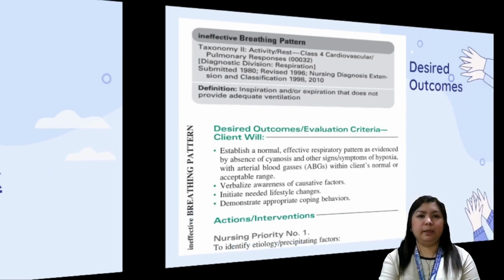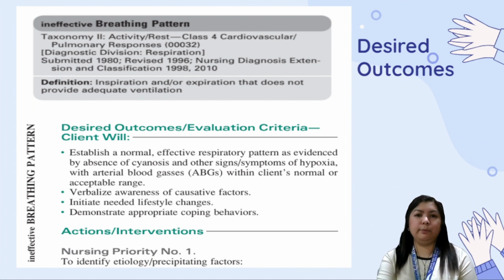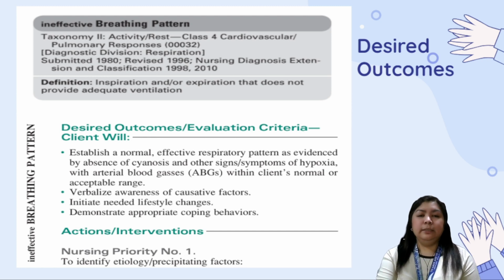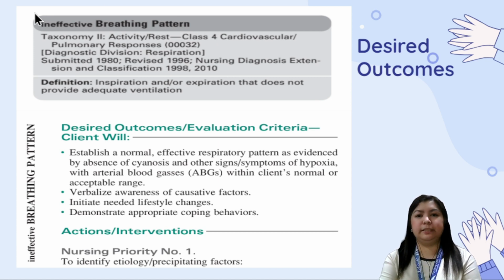Now, on your nurse's pocket guide, to guide you in writing your desired goals or desired outcomes, the North American Nursing Diagnosis Association had already identified all possible desired outcomes for every diagnostic label. Take an example for the diagnostic label breathing pattern, and the nursing diagnosis ineffective breathing pattern. We have the following desired outcomes.